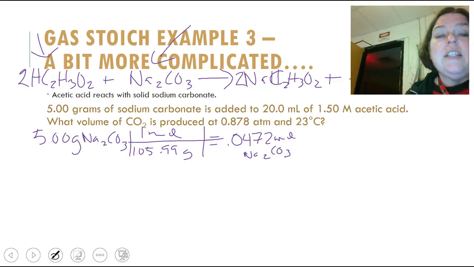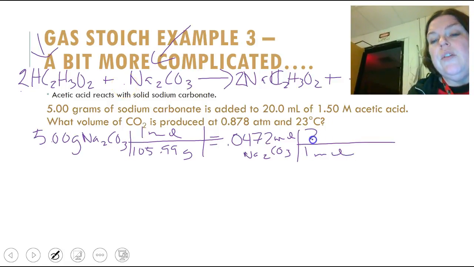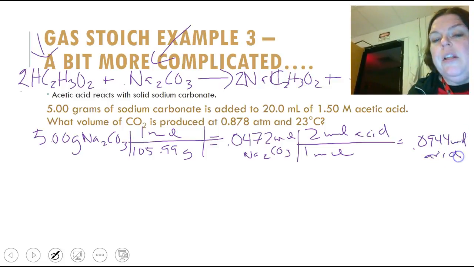Okay, how much acetic acid do I need for that? Well, let's see. What's the stoichiometric ratio? I need 2 acid to 1 sodium carbonate. So 1 sodium carbonate goes on the bottom, 2 moles of acid go on the top, and I get that I'm going to need 0.0944 moles of the acid to completely react with all of that sodium carbonate.